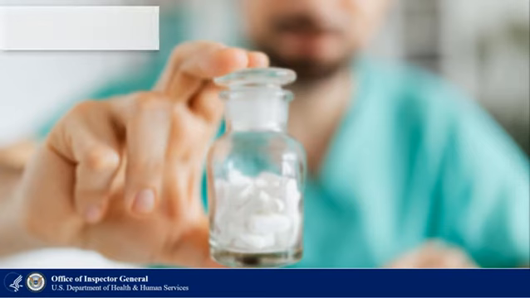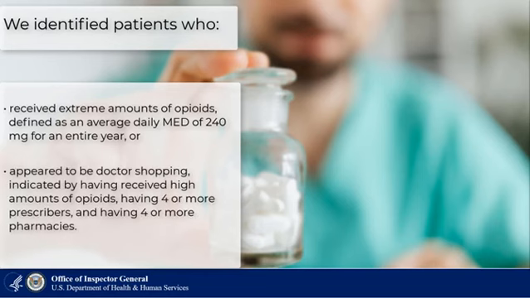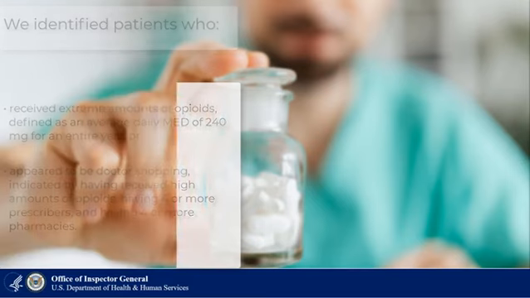We considered a patient to have received extreme amounts if they had an average daily MED of 240 milligrams for an entire year. Finally, we identified patients who appear to be doctor shopping. These are patients who received high amounts of opioids and had 4 or more prescribers and 4 or more pharmacies.